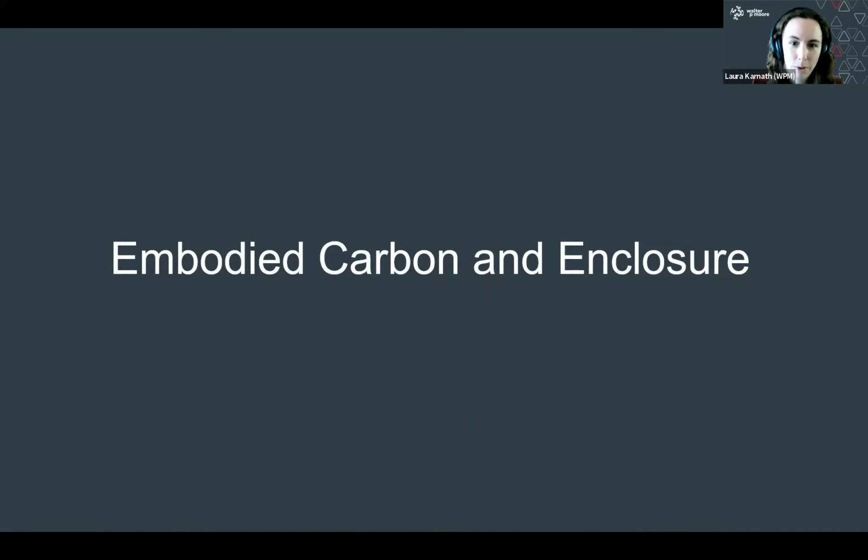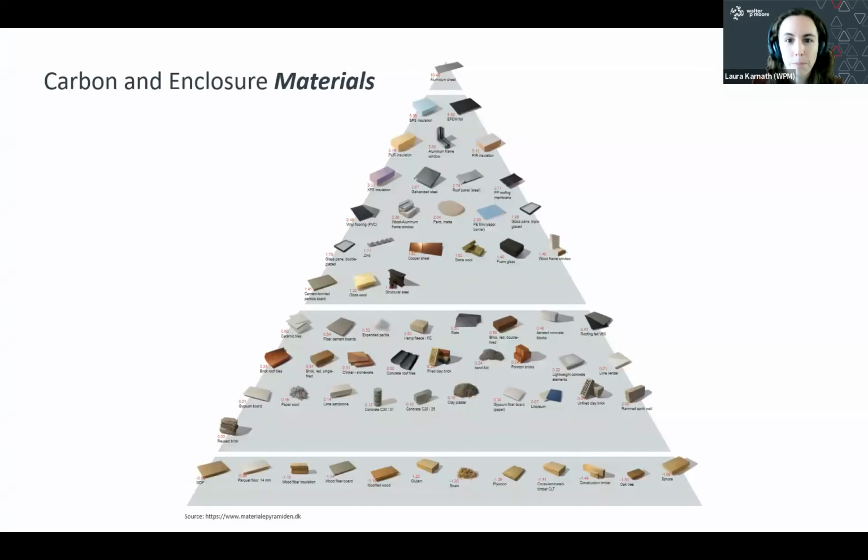What does that mean for the building enclosure? Well, we can start to look at enclosure materials. So this is the embodied carbon materials pyramid, just like the food pyramid, where the things at the top of the pyramid are highly carbon intensive and maybe you want to try to use less of, and things at the bottom of the materials pyramid are less carbon intensive.